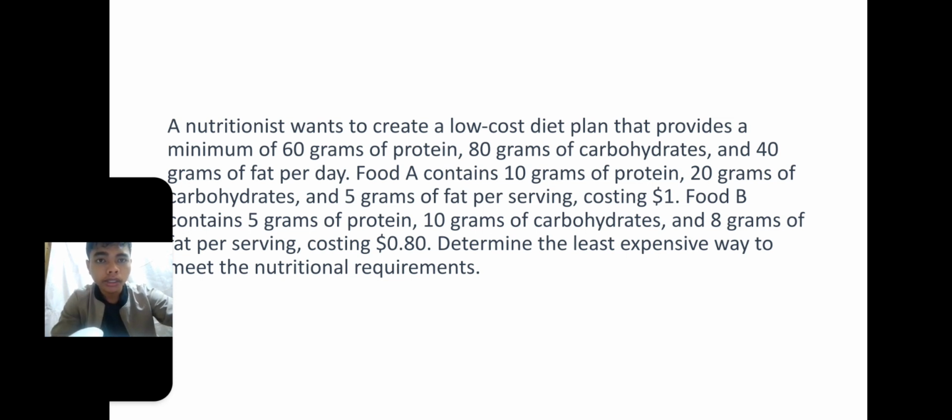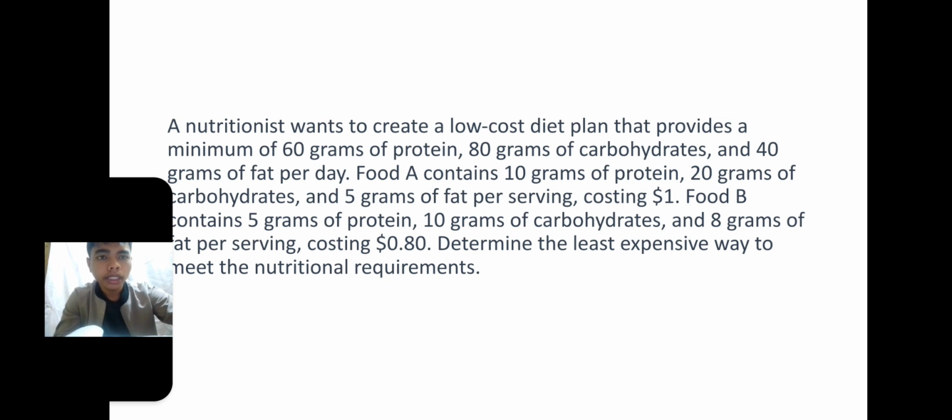Problem: a nutritionist wants to create a low-cost diet plan that provides a minimum of 60 grams of protein, 18 grams of carbohydrates, and 40 grams of fat per day.